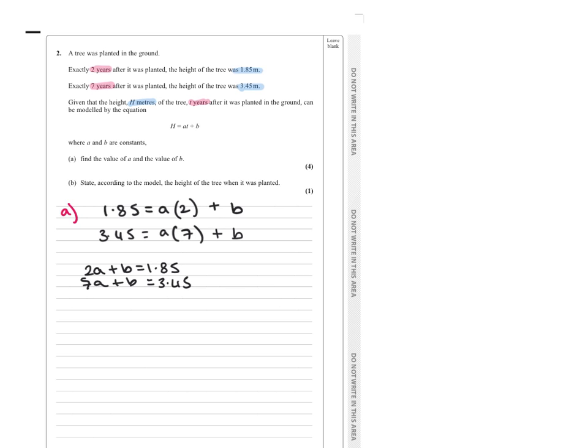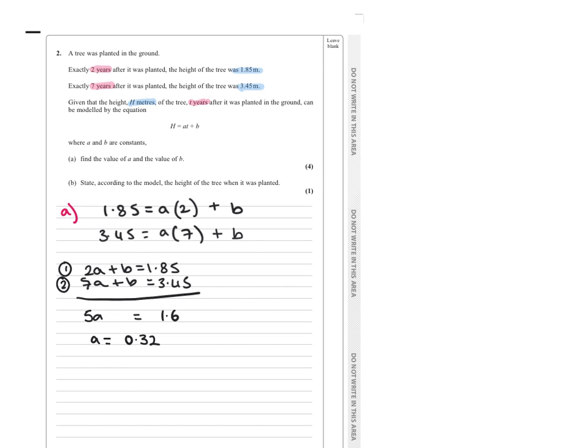Okay, so then if I do the second equation minus the first equation, 7a minus 2a is 5a, b minus b is 0, 3.45 minus 1.85 is 1.6, so that means that a equals 0.32.